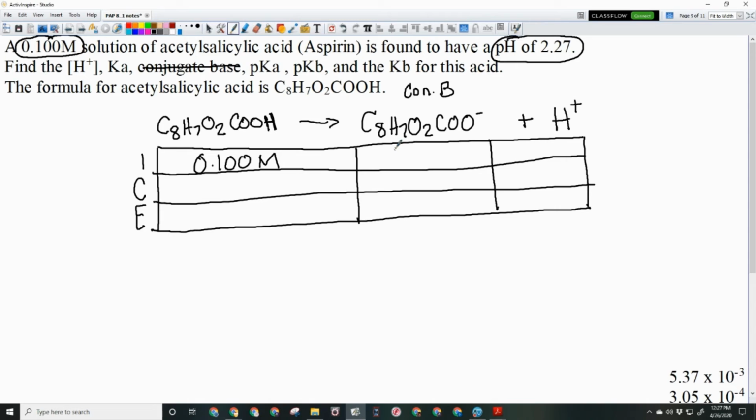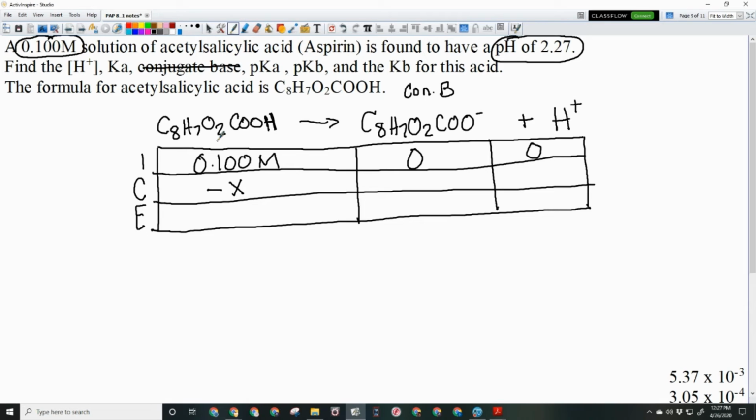I don't know where to begin with this. I don't know where to start. All right, so just do what you can. Fill out your chart. So this is going to initially have 0 concentration. So this, when it dissociates, it's going to go down by some value. We don't know how much.